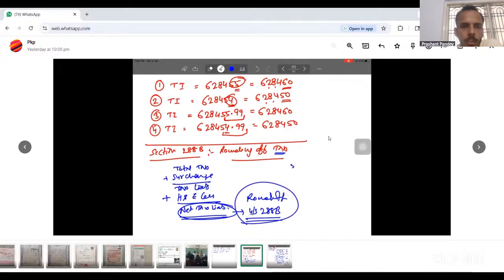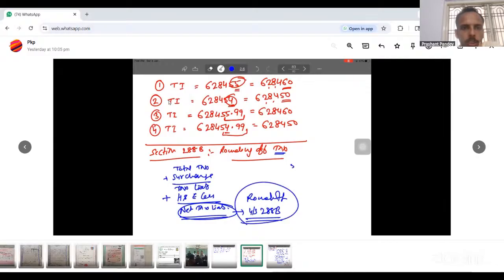So this one, rounding off. See, if the total income is 6,28,455, it will be rounded off to the next 10th place, that is 6,28,460. So this mechanism is given under section 288A, rounding off total income.